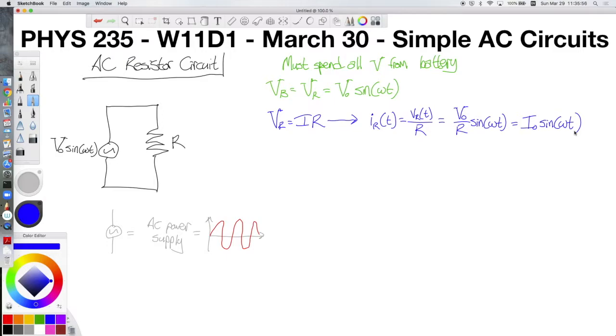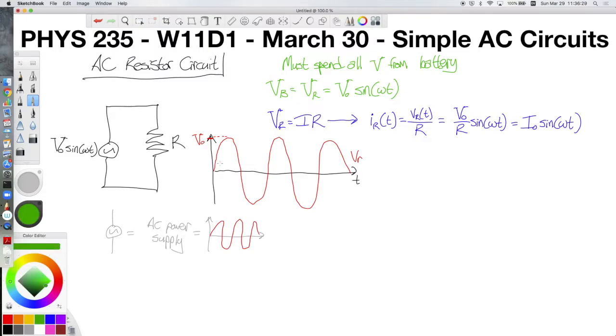So to get an idea what this might look like, we're going to draw a couple graphs here. One of them is the graph that we drew on the previous page, the graph of how the voltage and the current look over time. The voltage will follow a sine pattern. So to within my ability to draw things, this might be what the voltage across the resistor looks like, where the maximum value here is V0.